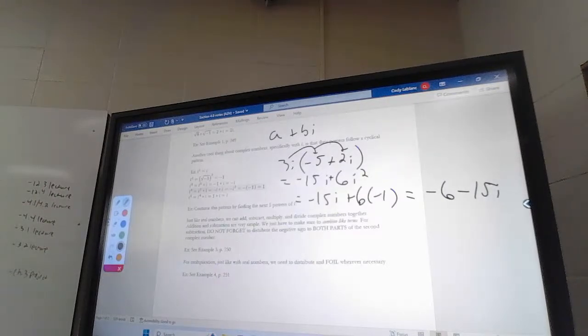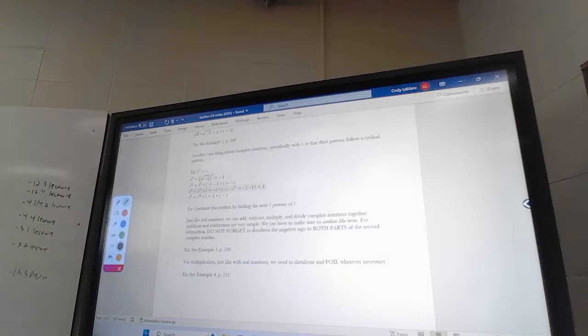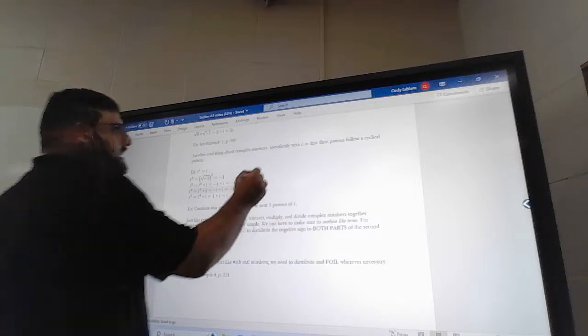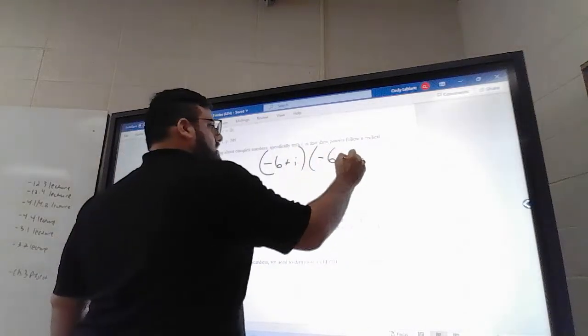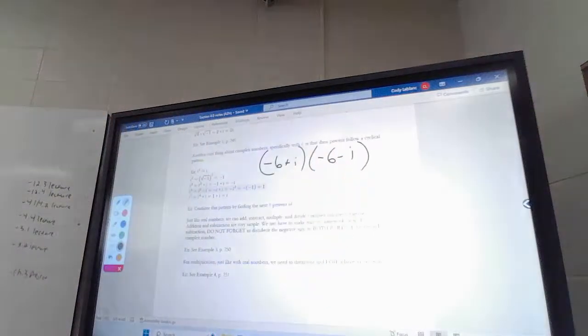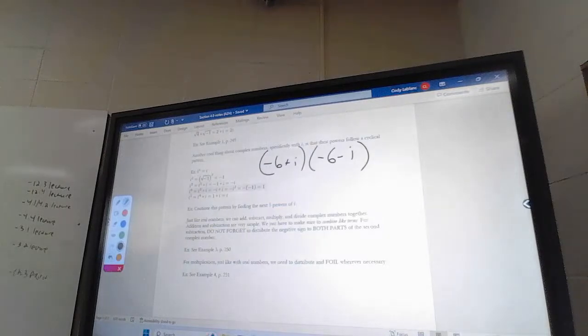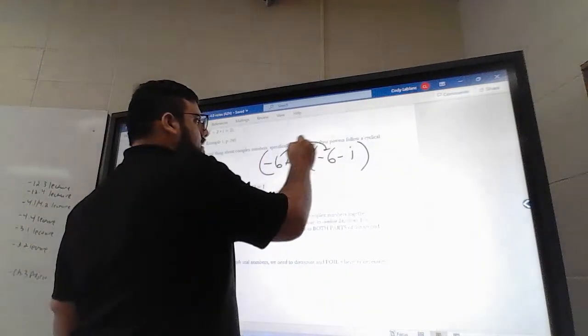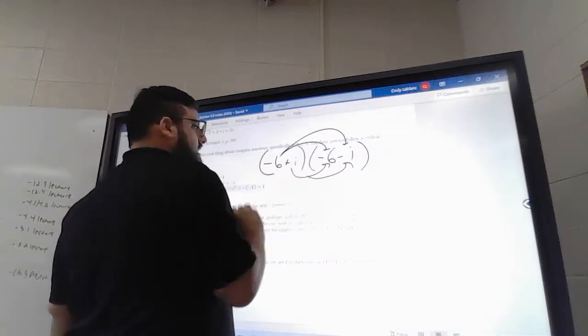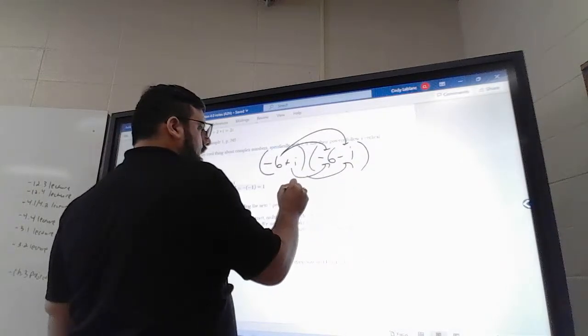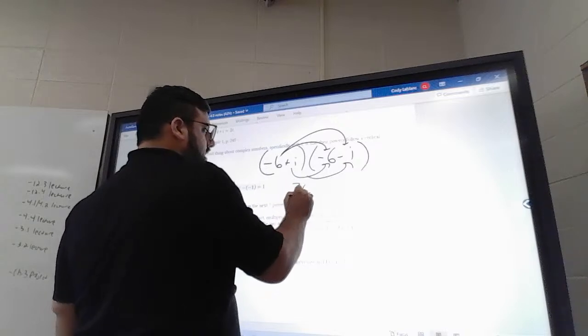So yeah, you definitely want to distribute, and also FOIL, right? We should also FOIL. So let's say I want to multiply these things together. So -6 plus i times -6 minus i. All right. So let's FOIL this out. First, outside, inside, last. First, outside, inside, last. -6 times itself is positive 36.